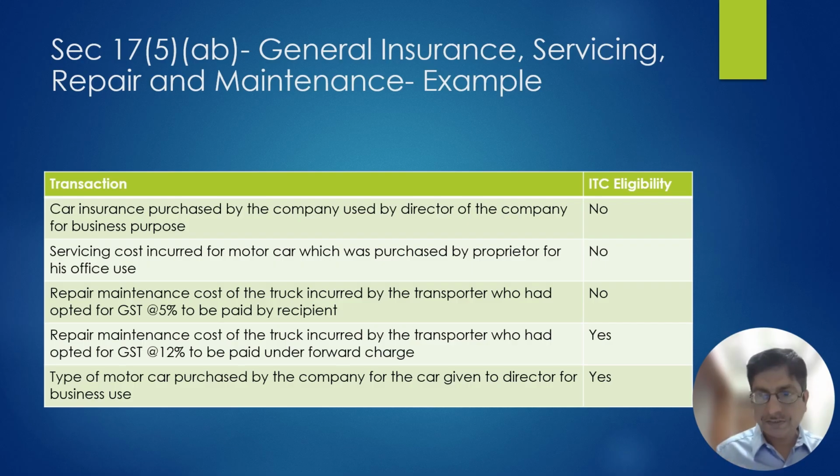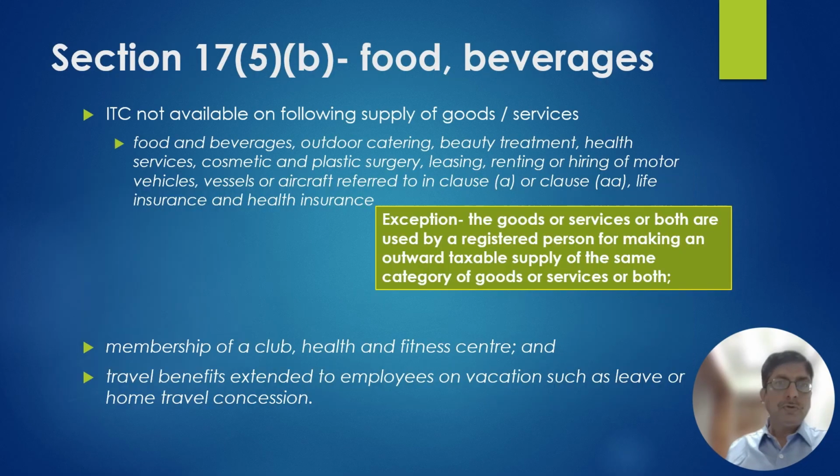This is service. Tire purchase is a goods. There is no restriction. So the credit is available when the tires are purchased, when the parts are purchased, when the goods are purchased relating to that motor vehicle, vessel or aircraft. Okay? Let's move to the next clause, section 17(5)(b).